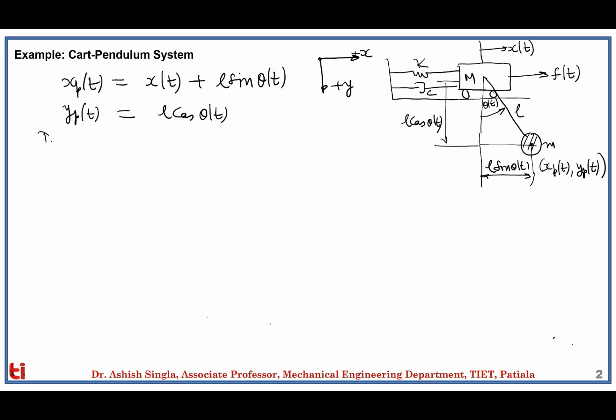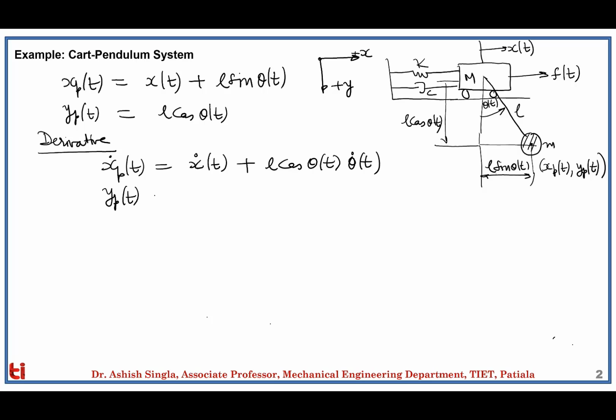So next let's take the derivative. So we have xp dot is equal to x dot, because the cart is also changing, plus L cos theta theta dot, and similarly we have yp dot is equal to minus L sine theta theta dot. Now let's take their squares.